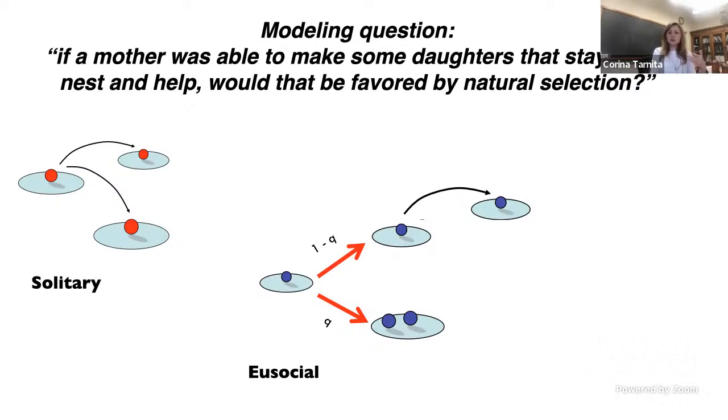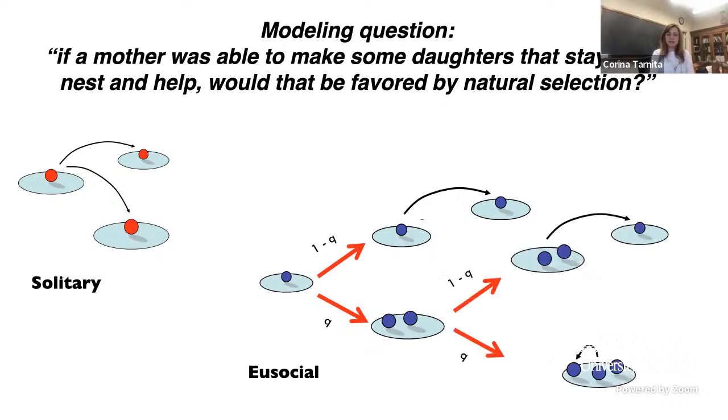But the daughters also inherit this mutation or series of mutations, so that when they go away and start their nest, they also have the ability to retain a fraction q of their daughters at the nest, and so on and so forth. This allows both the formation of larger groups from the daughters that stay at the nest and the propagation of the behavior from the daughters that go away and start their own colonies.